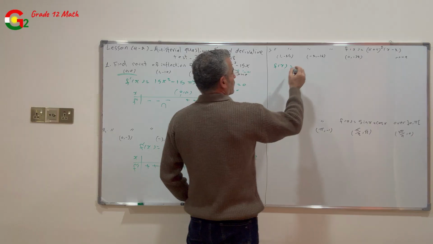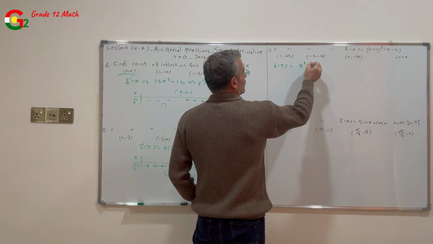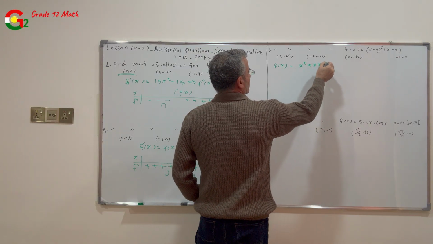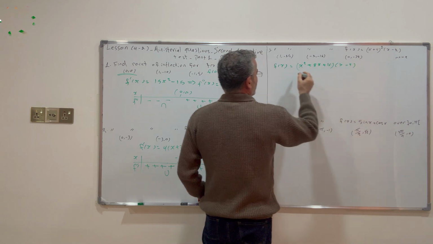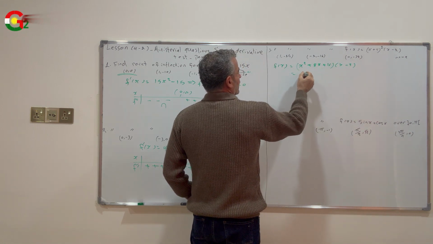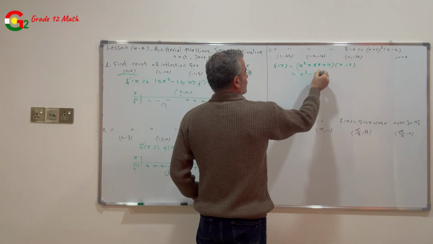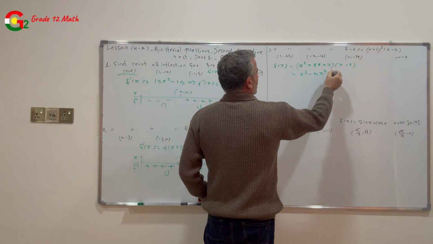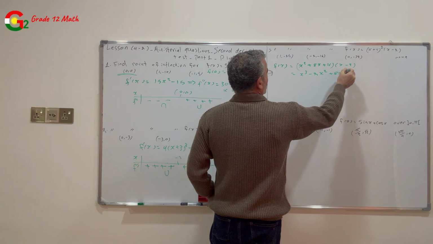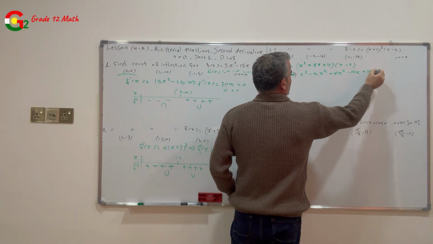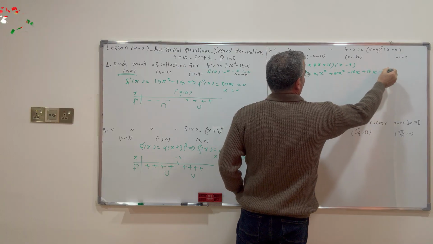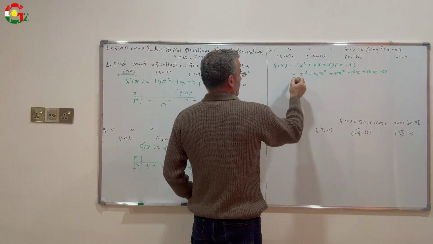f of x equal to (x power 2 plus 8x plus 16) times (x minus 2), then x power 3 minus 2x power 2 plus 8x power 2 minus 16x plus 16x minus 32. This is the function.